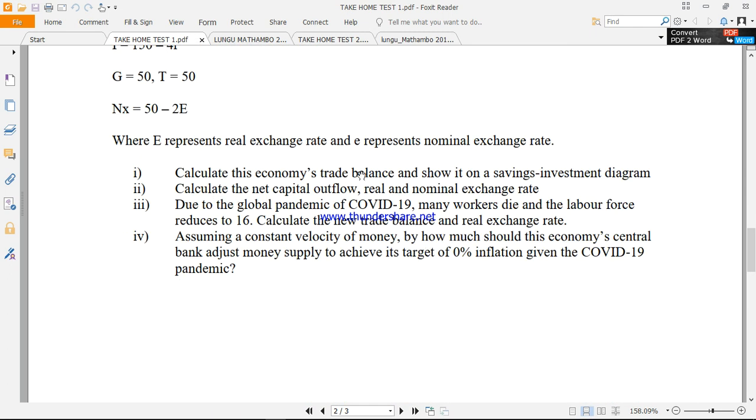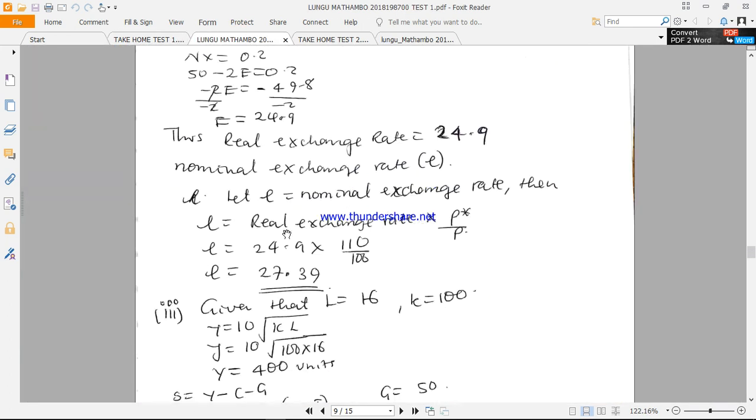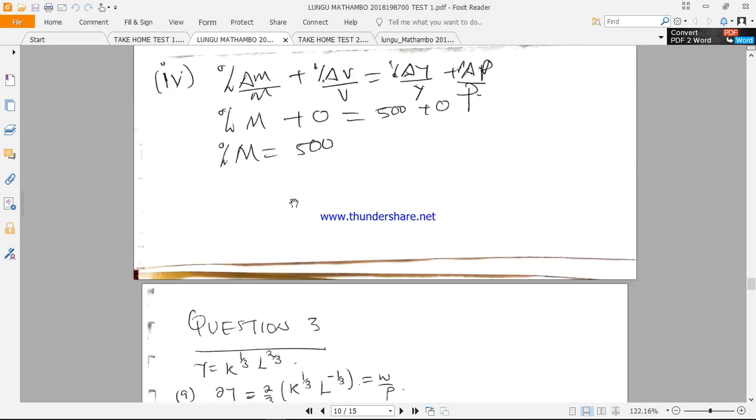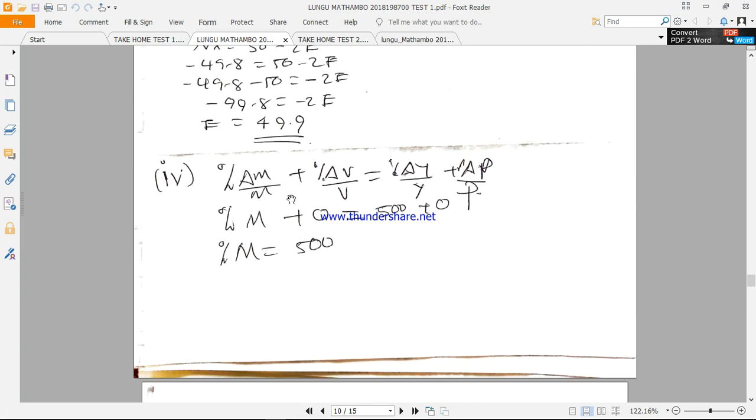So if they want to maintain inflation at 0%, from the quantity theory of money equation, MV is equal to PY, holding V constant, then the percentage change in money supply is going to directly affect output in this case. Why am I saying so? Velocity is not going to be part of the model because we're assuming that it's constant at some predetermined level, which in this case is 0.